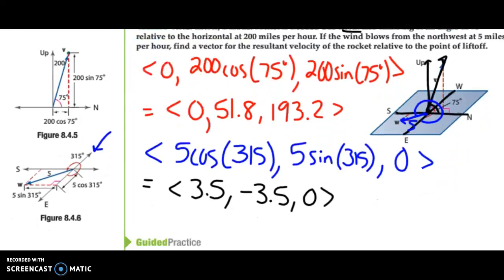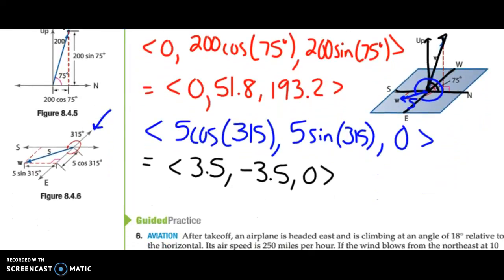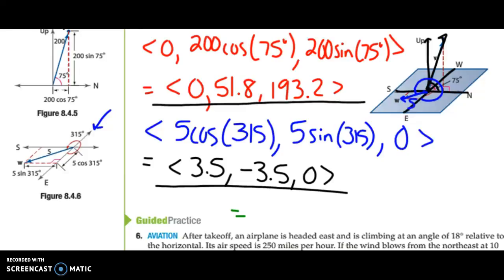So now we need to find the resultant vector. So I'm going to take my original vector for the rocket launching, the vector for the wind, and I'm going to simply add them. So my resultant vector: 0 plus 3.5 is 3.5. 51.8 plus a negative 3.5 is 48.3.